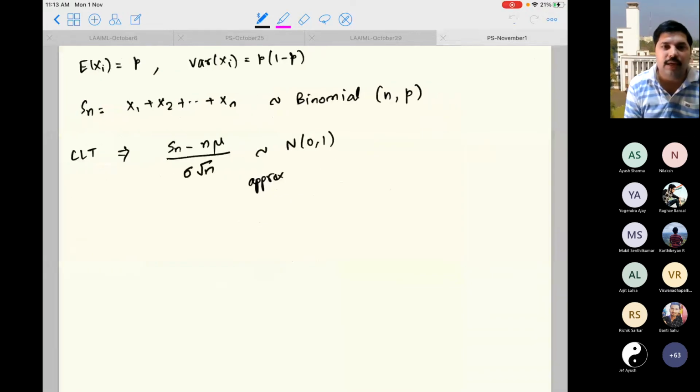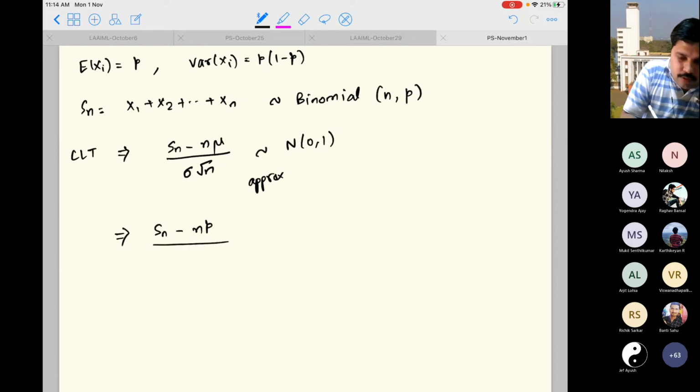So I can write this statement down, sigma root n. And what is mu and what is sigma here? Mu would be p. Sigma is root of n p 1 minus p. This is what I'll have, right? So this approximately follows normal 0, 1.